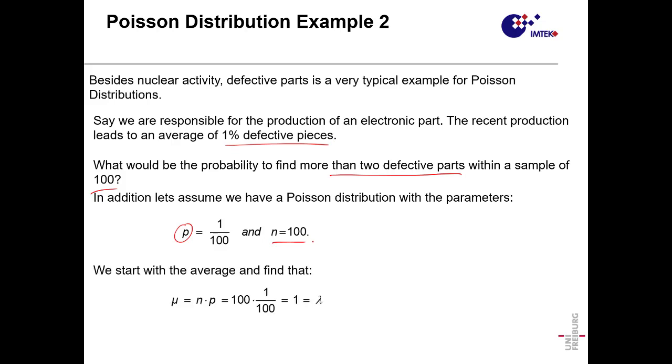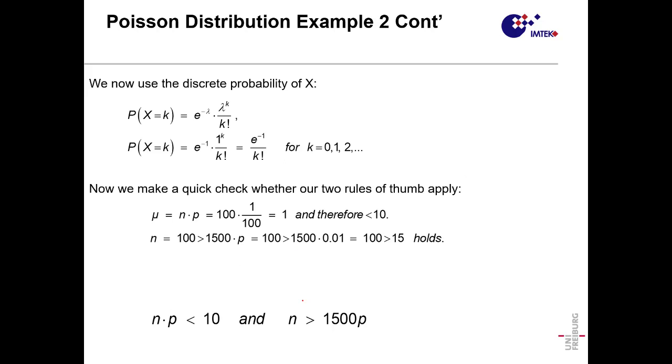So you will have expected value n times p, so we have mu equal to lambda equal to 1 for our Poisson distribution. Then we can set up our Poisson distribution with lambda equal to 1, and basically that is e to the minus 1, sorry.